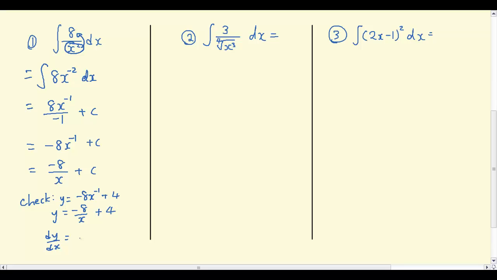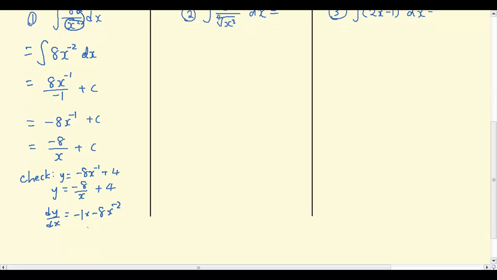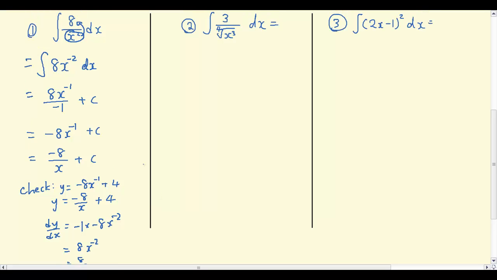Then the derivative of that will just be -1 times -8x to the power of -2. The plus 4 is gone after you differentiate it, so this becomes 8x to the power of -2, which is 8 over x squared, which is what we had before.